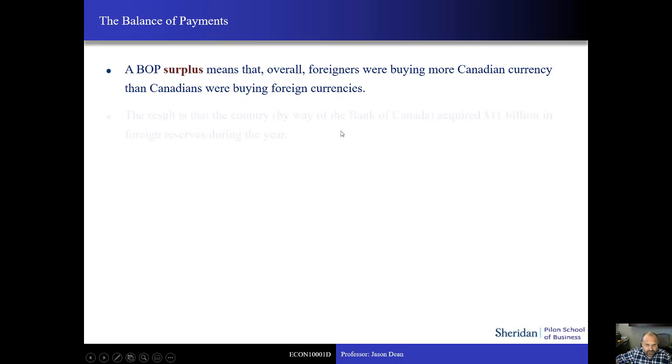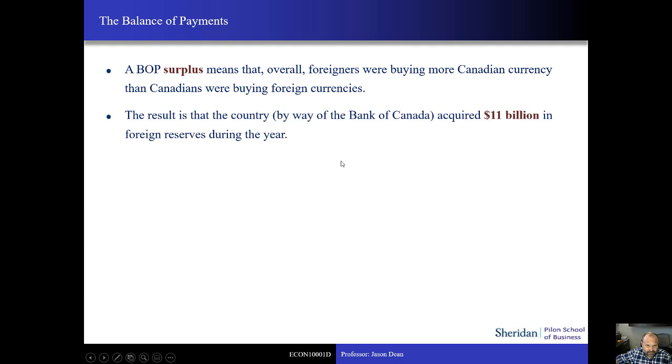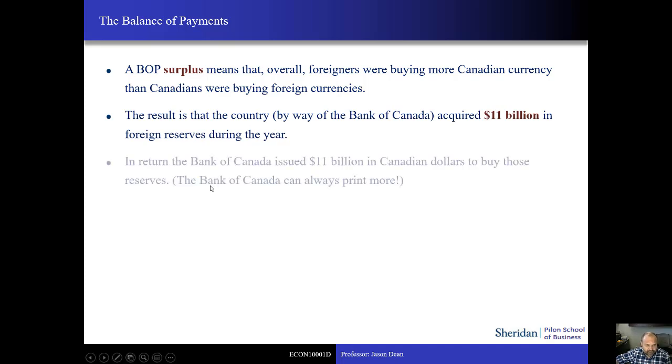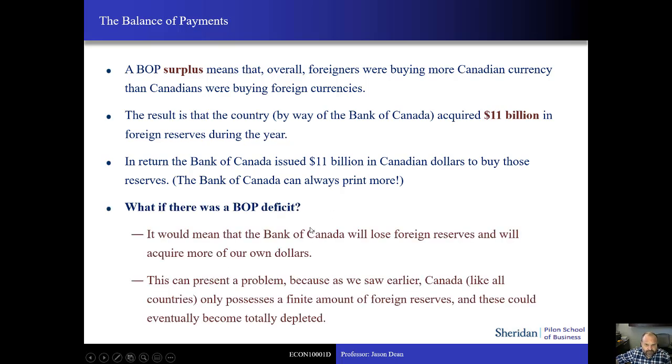So the result is that the country, by way of the Bank of Canada, must have acquired $11 billion in foreign reserves during the year. So in return, the Bank of Canada issued $11 billion in Canadian dollars to buy those reserves. Remember, the Bank of Canada can always print more. So in this case, it'll balance out because of this official reserve.